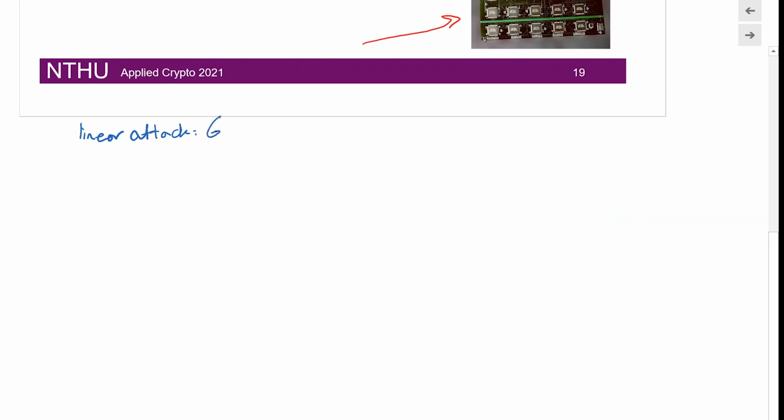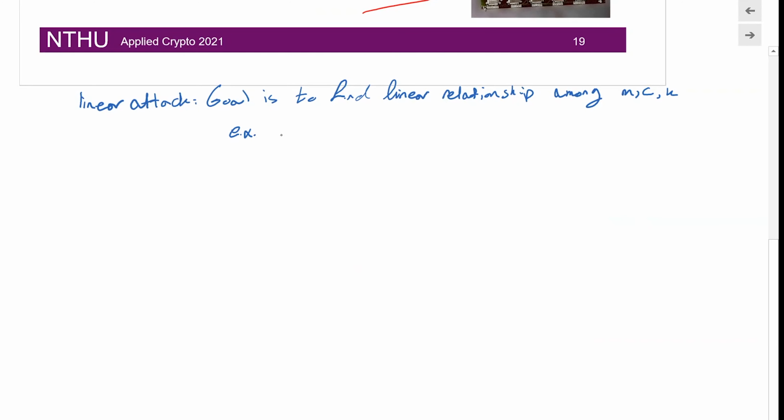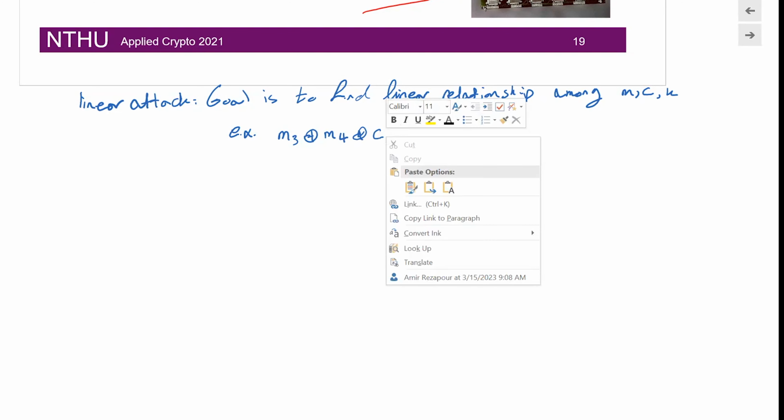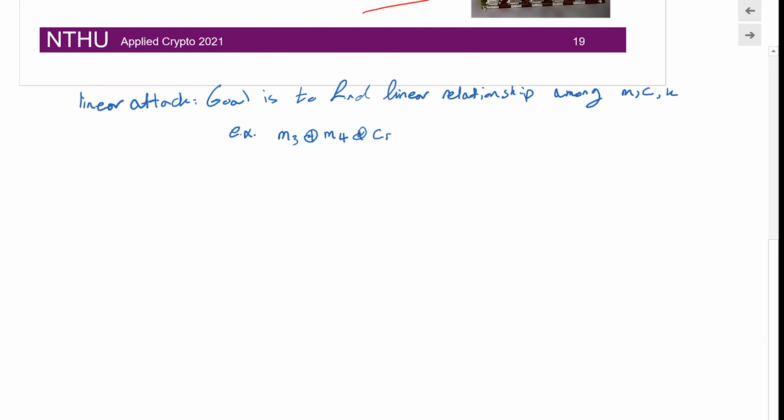For example, if I XOR the third bit of the message with the fourth bit of the message, and then XOR that with the C50, then I get the fourth bit of the key.